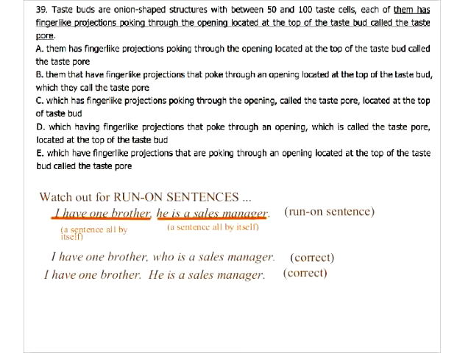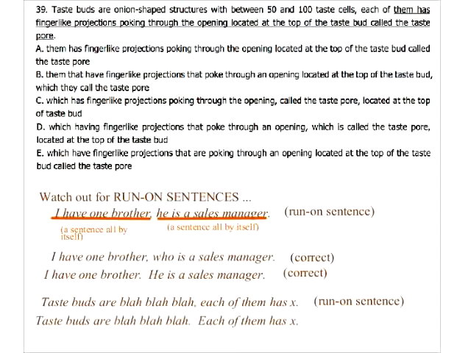Like if you say, "Taste buds are blah, blah, blah, comma, each of them has X." That's a run-on sentence because that's two sentences. And if you actually wrote those as separate sentences, "Taste buds are blah, blah, blah." Period. "Each of them has blah."